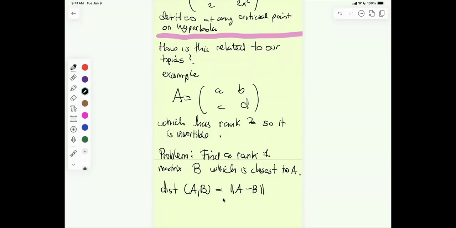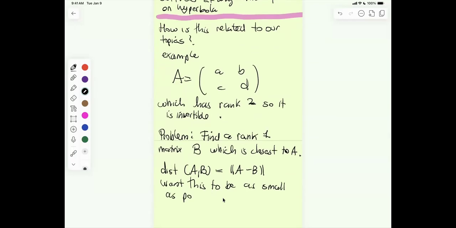You want this to be as small as possible. It's similar to a least squares problem, if you think about it, but for matrices. You want this to be as small as possible among all rank 1 matrices.